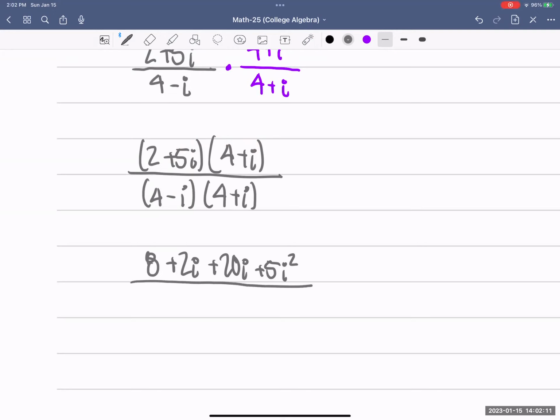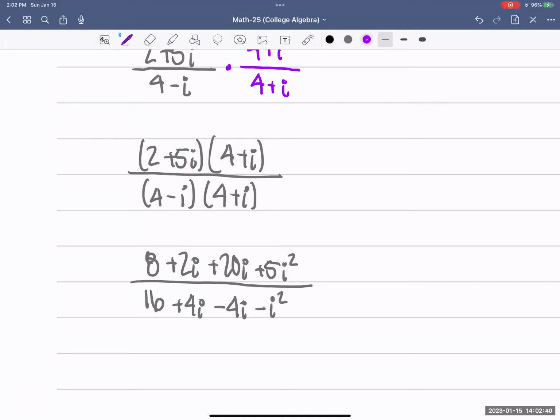And we're dividing this by the denominator. So 4 times 4 is 16. 4 times i plus 4i. Negative i times 4 minus 4i. Negative i times i, negative i squared.